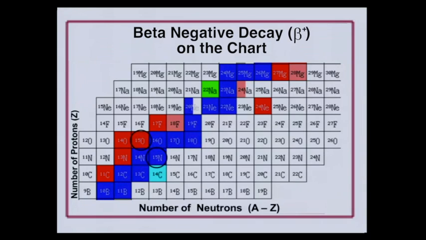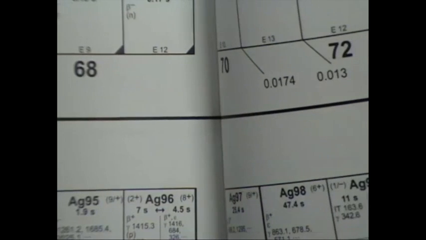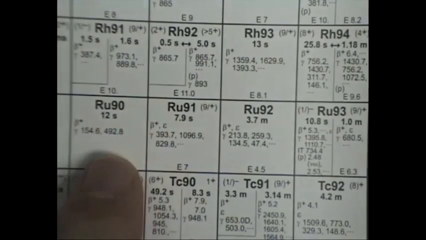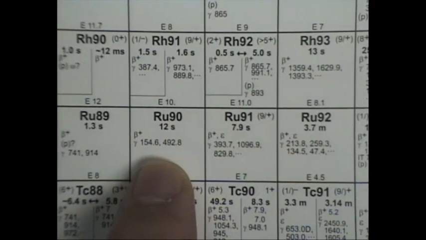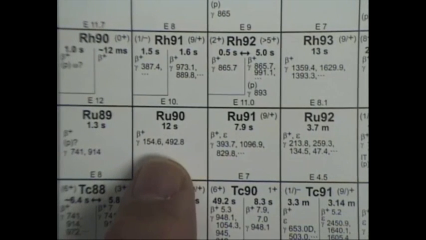Finding one on the chart of the nuclides here for us to take a look at. Got one. Get over to the ceiling camera, and as soon as I find it on here, yeah, ruthenium. Ruthenium 90 will beta plus decay.